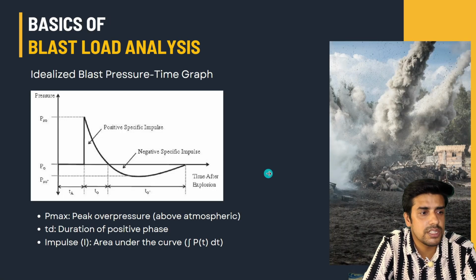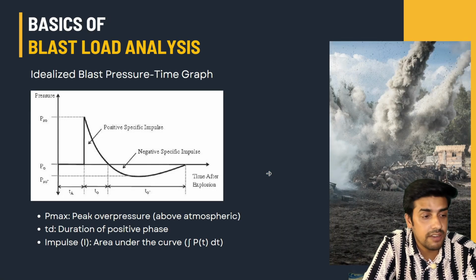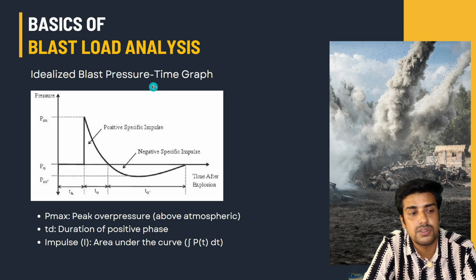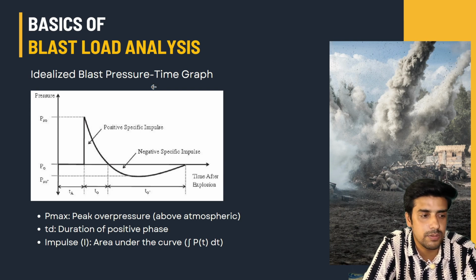Now let's move on to the basic load analysis graph, known as the idealized blast pressure-time graph. Let's see what this is. On the y-axis we have pressure, and on the x-axis we have time. What happens when an impact load or blast load happens?